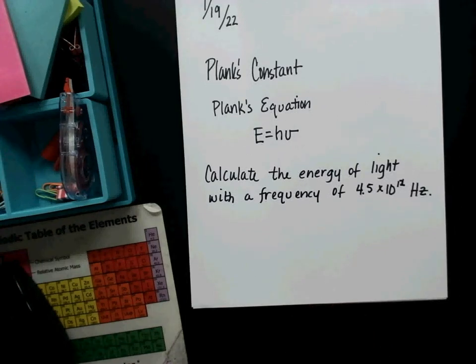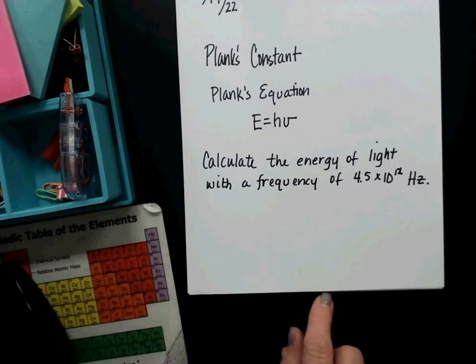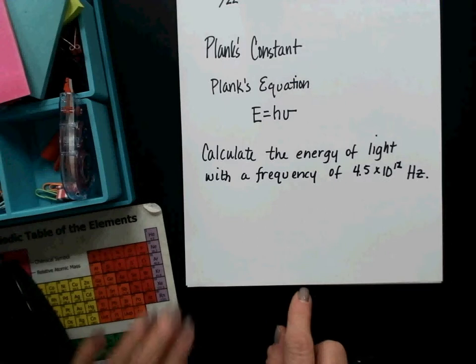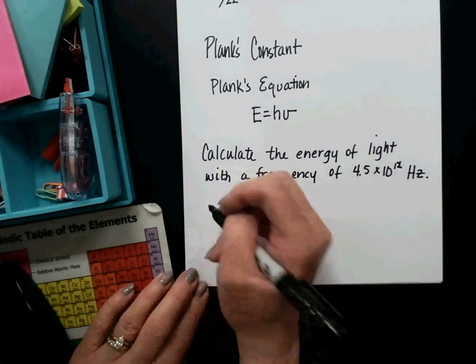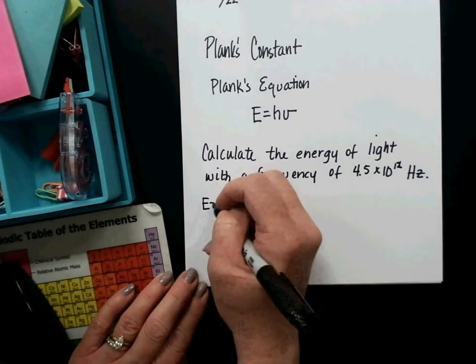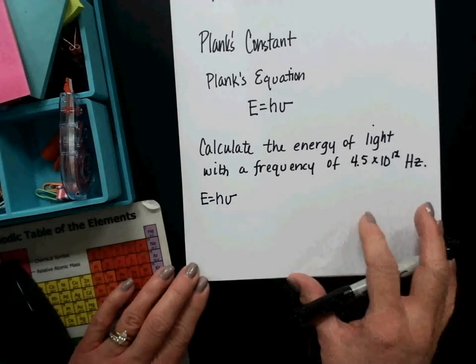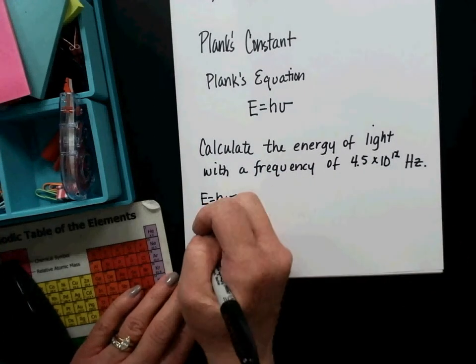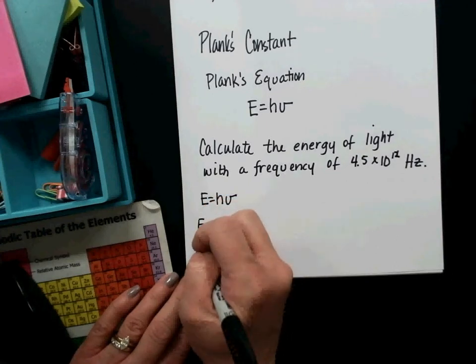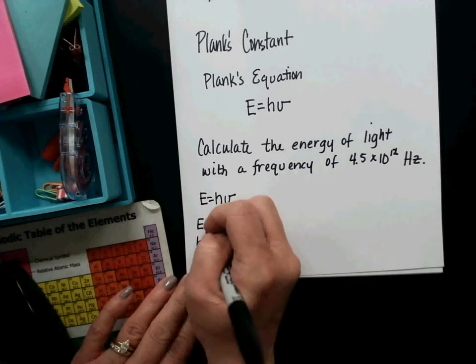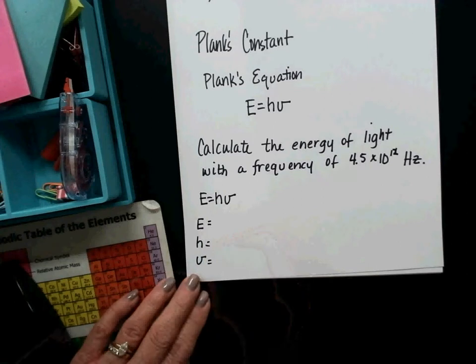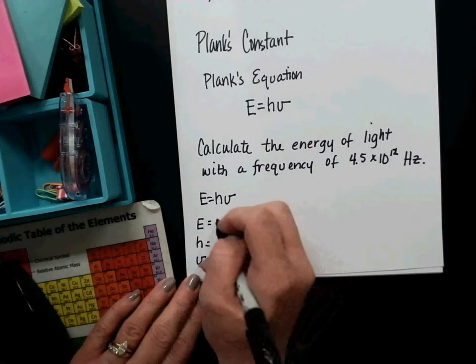So obviously I started with Planck's constant. We're going to use his equation. So I know for this problem I'm going to use E equals hv, and I'm going to write down my variables, E, h, and v, and I'm going to figure out what I know. It says calculate the energy of light, so that tells me I need to find energy.